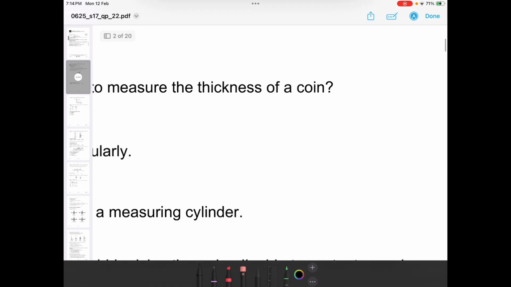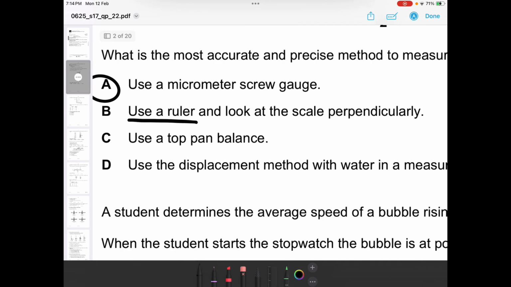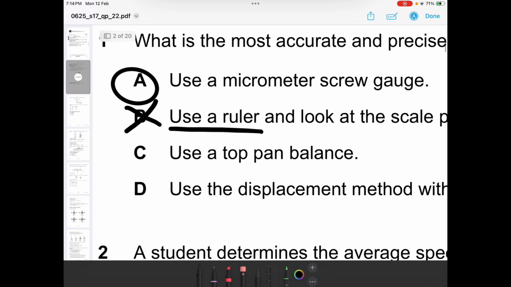A coin has negligible thickness, so we can't find that thickness using a ruler. A ruler has a precision of 1 millimeter, and the thickness of a coin can be less than 1 millimeter. So here a ruler wouldn't be much use.